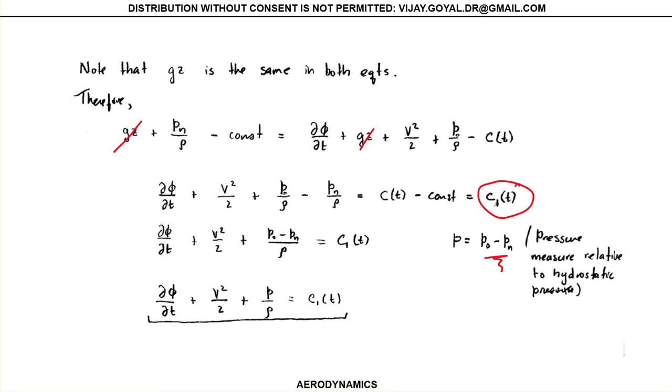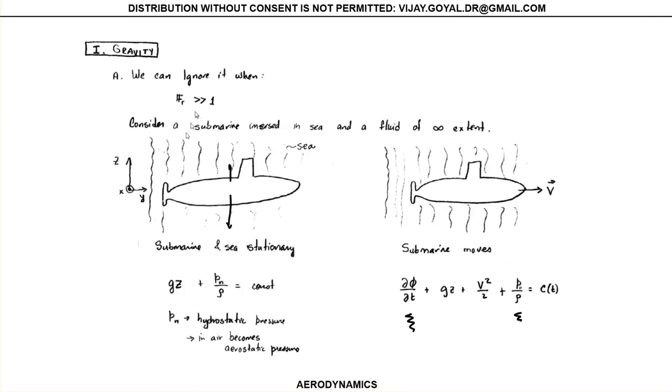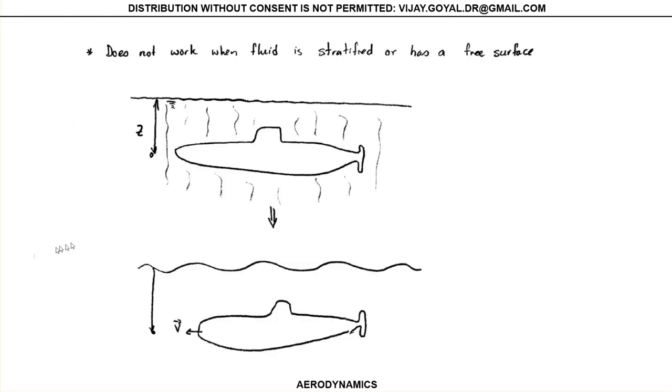Now note that this equation, the way we derived it, works because we are working on the case that is submerged in the sea. In other words, the top of the sea is over here, and the submarine is way below, submerged. This approach and these equations do not apply when I'm very close to the surface.